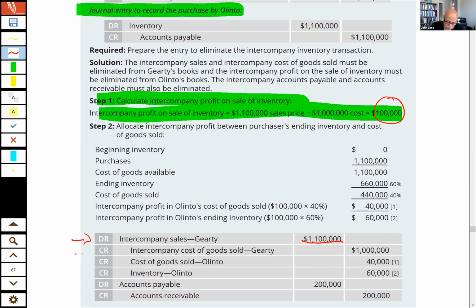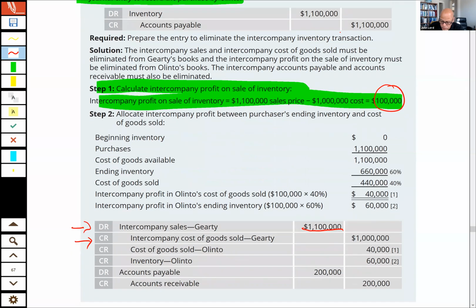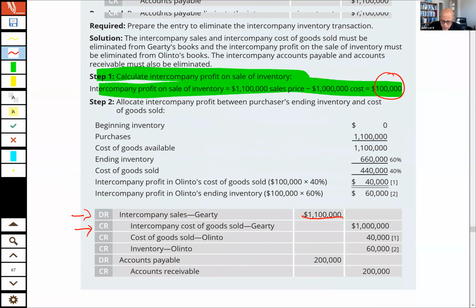We also get rid of that cost of goods sold up there. We have to get rid of it because you don't have a cost of goods sold if you didn't sell something. They didn't sell it because they sold it to themselves. So we get rid of the cost of goods sold and the sales in this part of the eliminating entry.